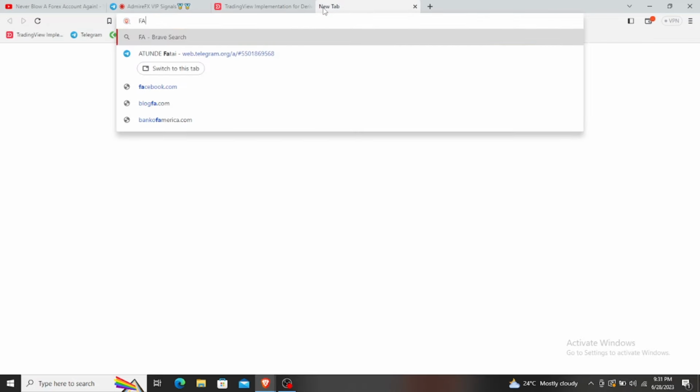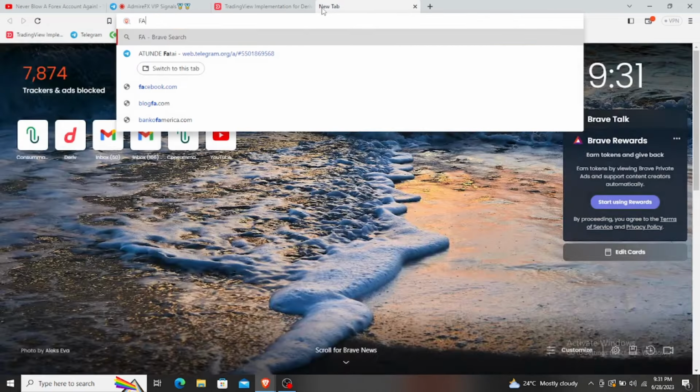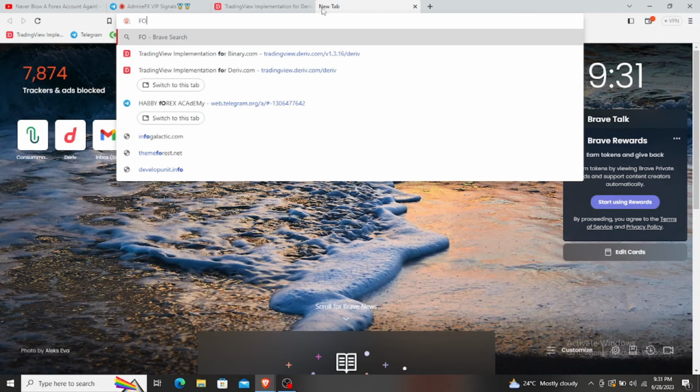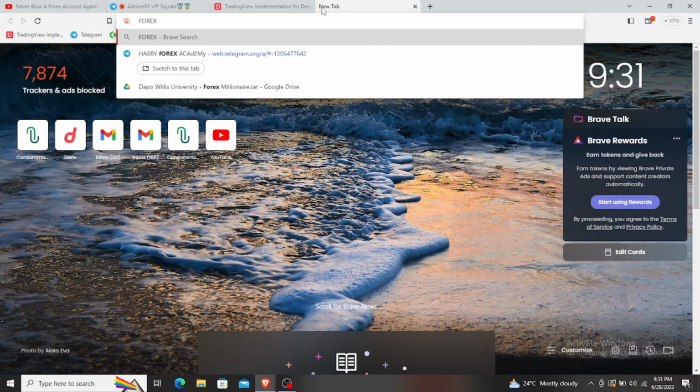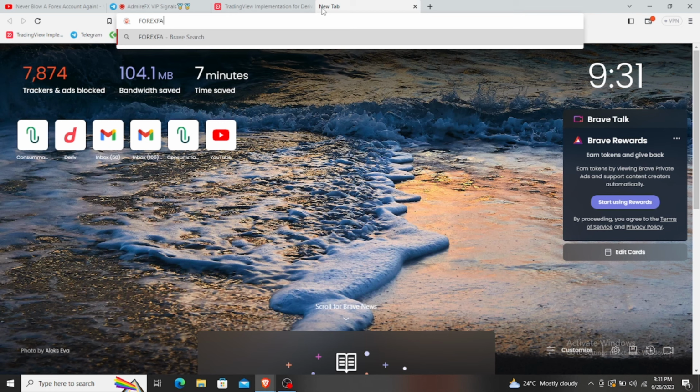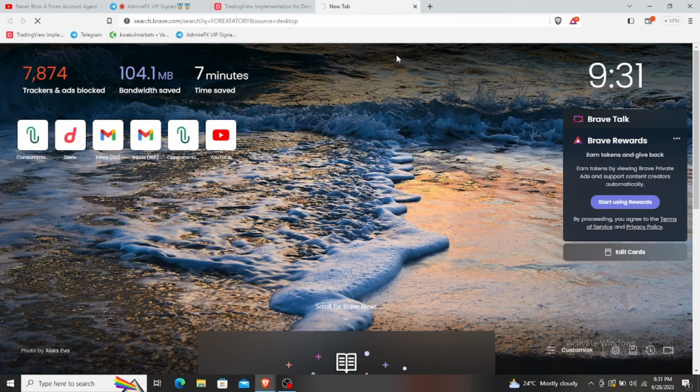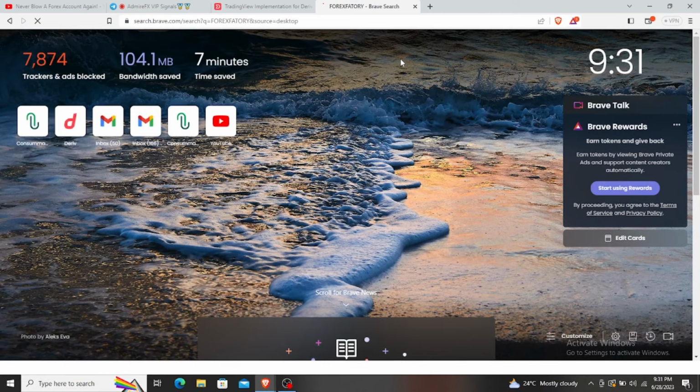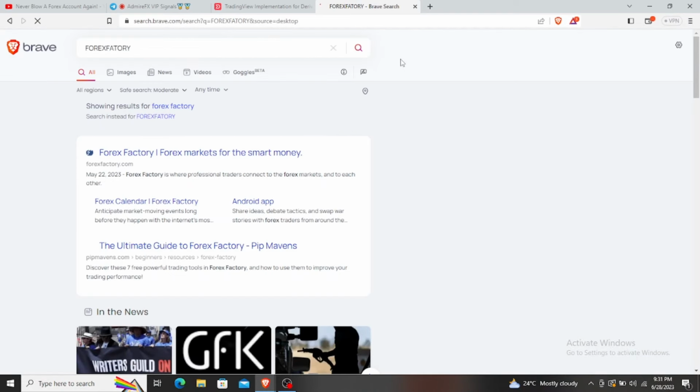Fed chairman Powell is to speak by 7:30, Forex Factory, and then probably 1:30 in the afternoon, unemployment claims, still on USD. Hopefully if the news comes, okay.